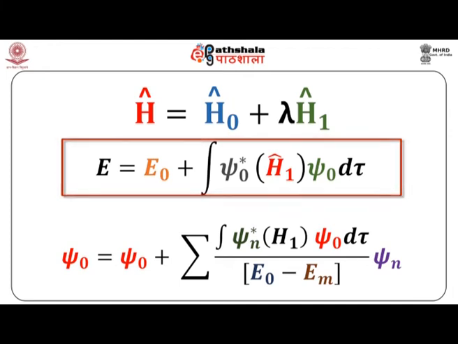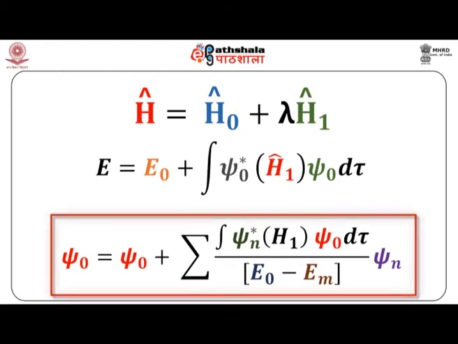So this expression gives the total energy of the system, and the corresponding wave function of the system is given by psi equal to psi 0, where psi 0 is the wave function of the unperturbed system, plus summation of integral psi n star H1 cap psi 0 d tau divided by E0 minus Em, times psi n.